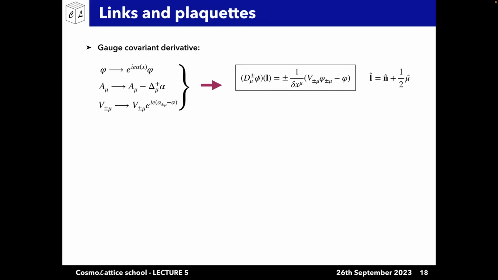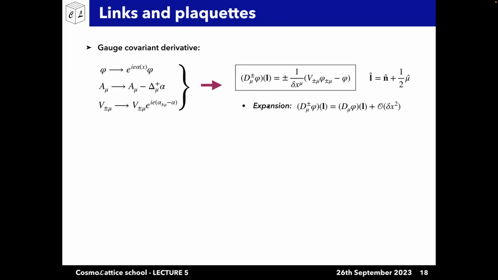and this is gonna be defined in this way. The covariant derivative with respect to the direction x mu is gonna be 1 over delta x mu, B of mu phi plus mu minus phi. And why are we doing this?